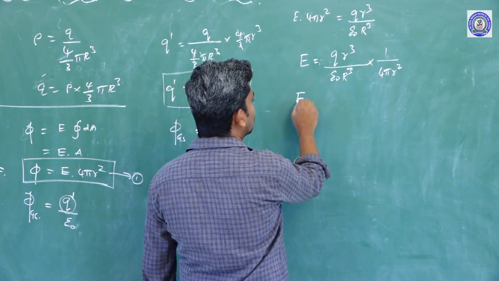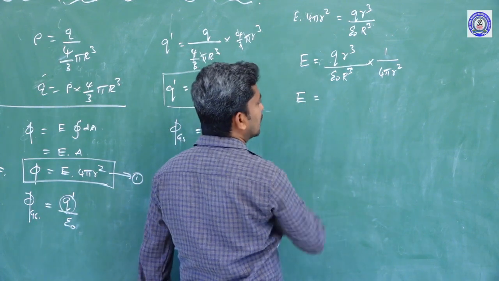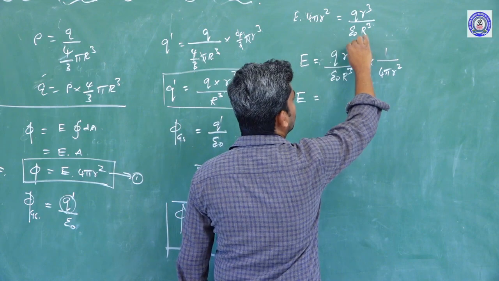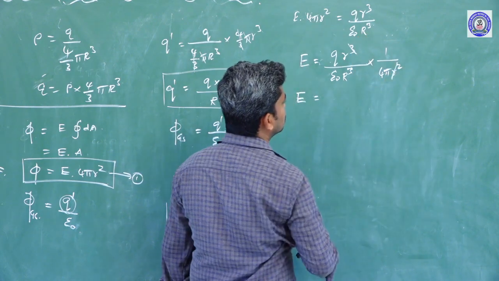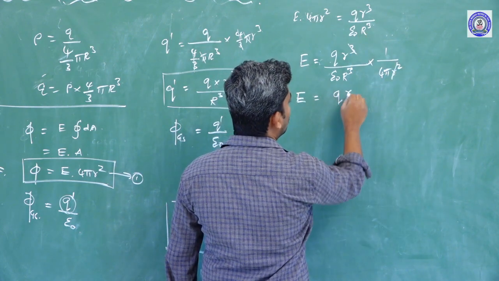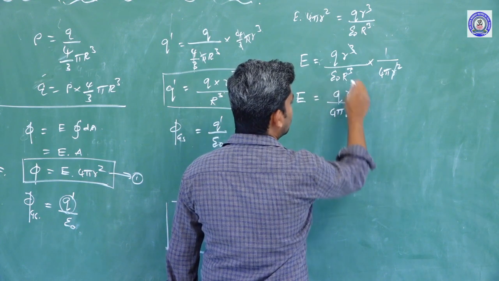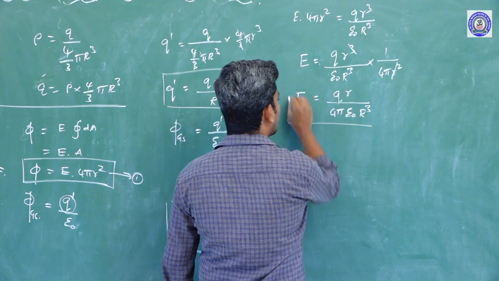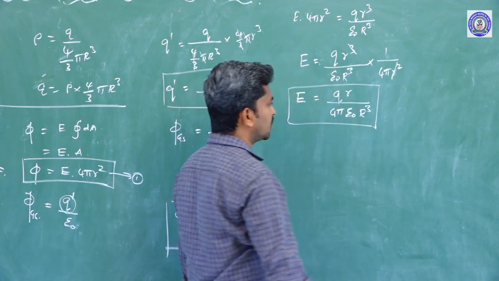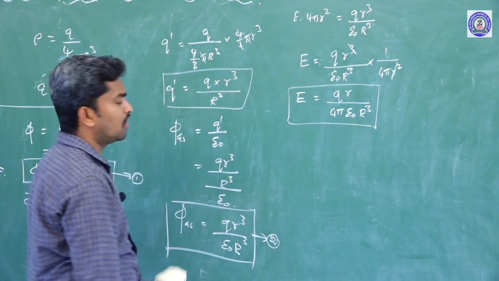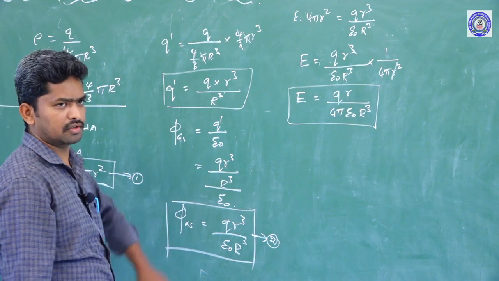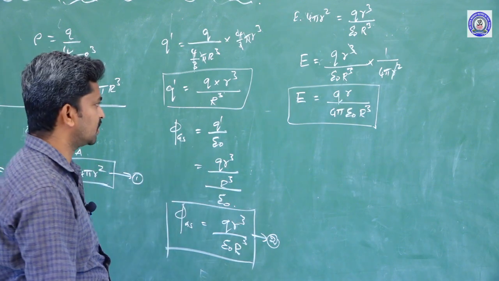The r cube and r square cancel, so E is equal to Q r divided by 4 pi epsilon naught R cube. This is another form of the electric field inside the charged non-conducting sphere.